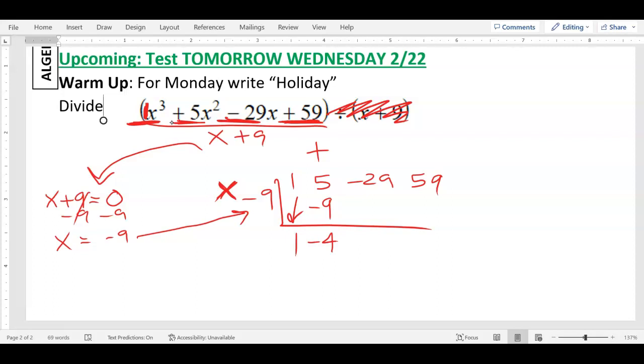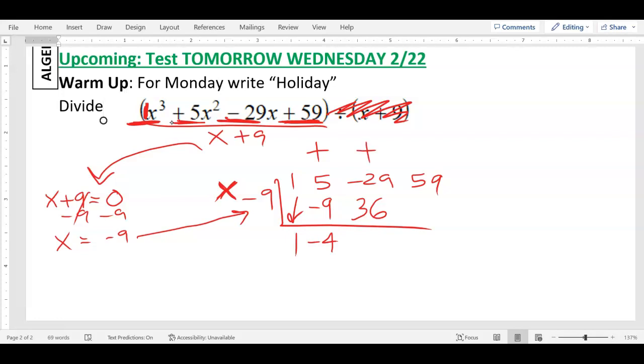So a negative times a negative should be positive, and 9 times 4, what do we get? 36. Positive 36. Okay. And then what do we do vertically? Add. Negative 29 plus 36.